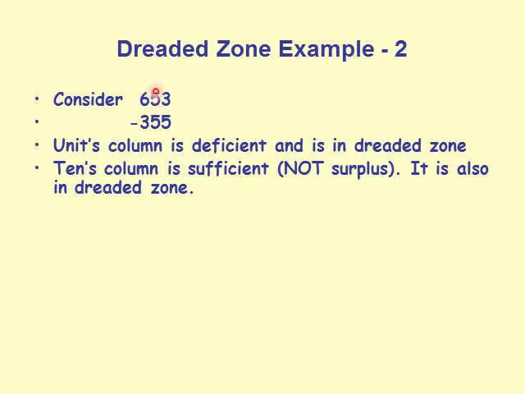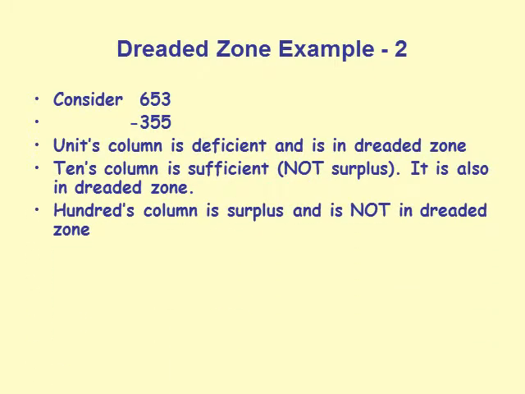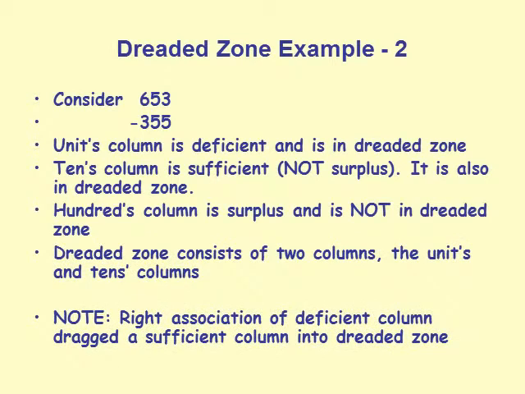The tens column is a sufficient column and not surplus, so the growth continues through this column, and it is also in the dreaded zone. In the hundreds column, 6 minus 3 is a surplus column and is not in the dreaded zone. This surplus column stops the growth of the dreaded zone. In this case, the dreaded zone consists of 2 columns, the units column and the tens column.